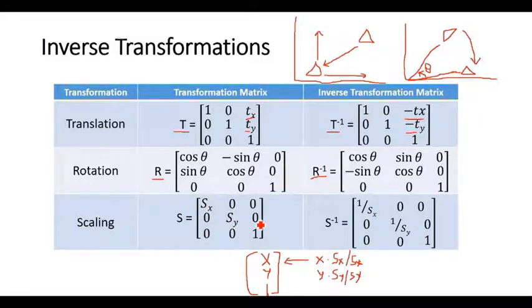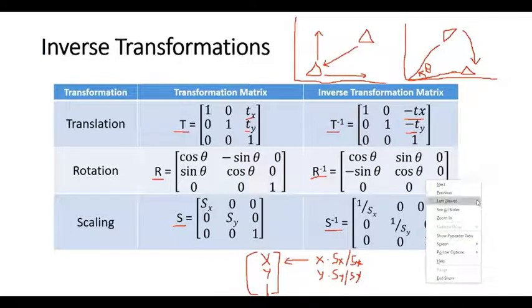If I multiply with the scaling matrix where the scaling parameters are 1 by Sx and 1 by Sy, where Sx and Sy are the original scaling parameters that I would have used, then it would inverse that scaling. So if S is the matrix which performs scaling, S inverse inverses that activity. So this is about inverse transformations.